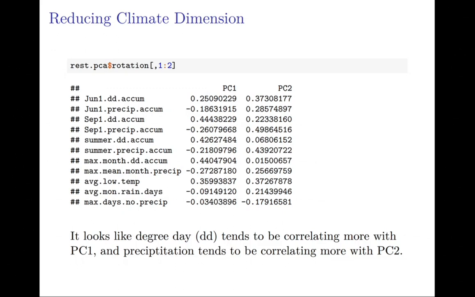So anything with a DD tends to be correlating with PC1, and so that's more of a temperature variable on PC1, and then PC2 tends to be correlating more with precipitation variables. When you look at the absolute value of the PC correlations for PC2, you see that the ones with the highest absolute values tend to be related to precipitation.